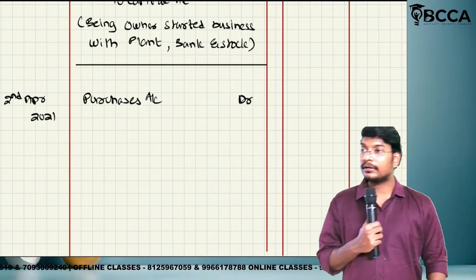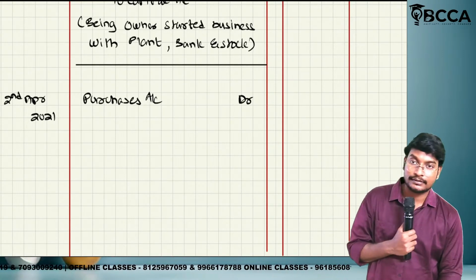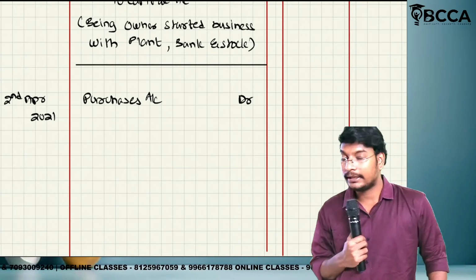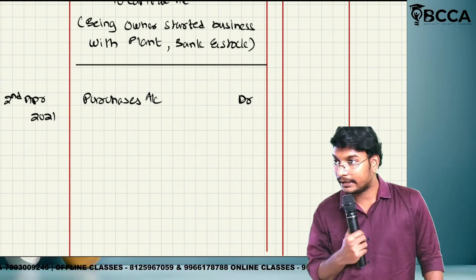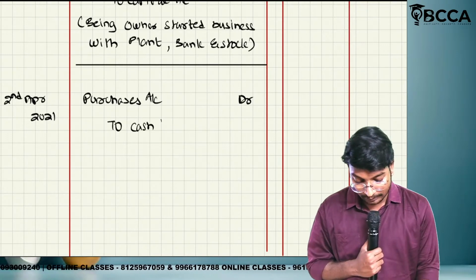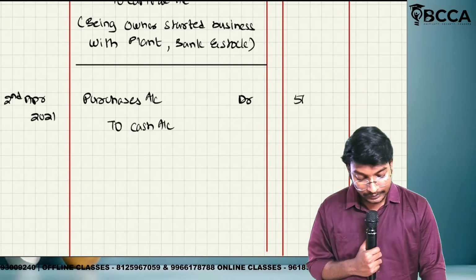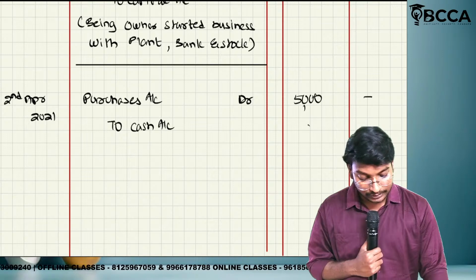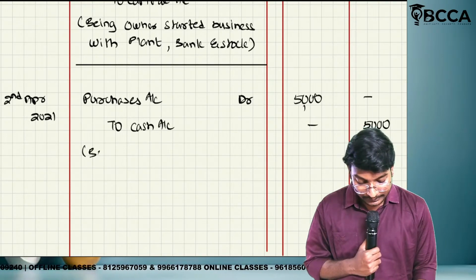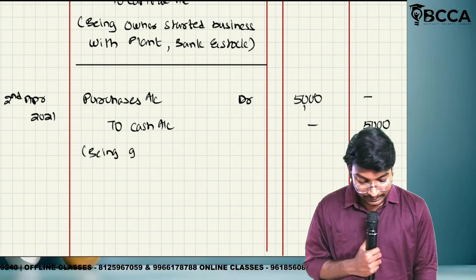Because we have clearly discussed this in the previous classes, I am not discussing it in an elaborate way. We are directly writing the entries. So purchase account debit to cash account, 5,000. What is the narration we need to write? Being goods purchased for cash.